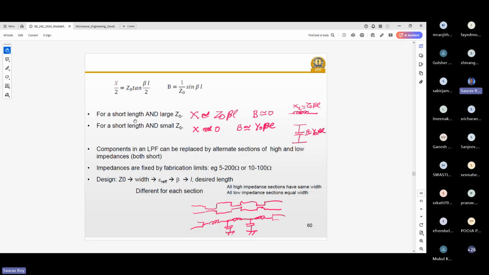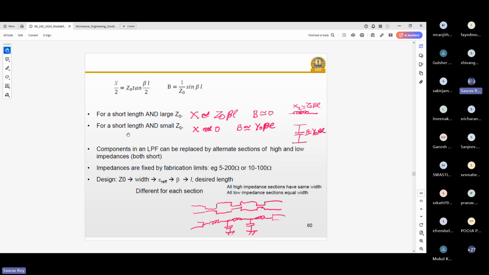For a short length and large Z naught, let's say the characteristic impedance is very large and the line length L is very small. In the first case, X will become close to Z naught, because tan beta L by 2 becomes beta L by 2, so X is almost equal to Z naught beta L, and B becomes 0 because Z naught is very high and L is small. Then you can write XL as Z naught beta L. You can simply write the inductance as Z naught beta L for a very short line with high characteristic impedance.